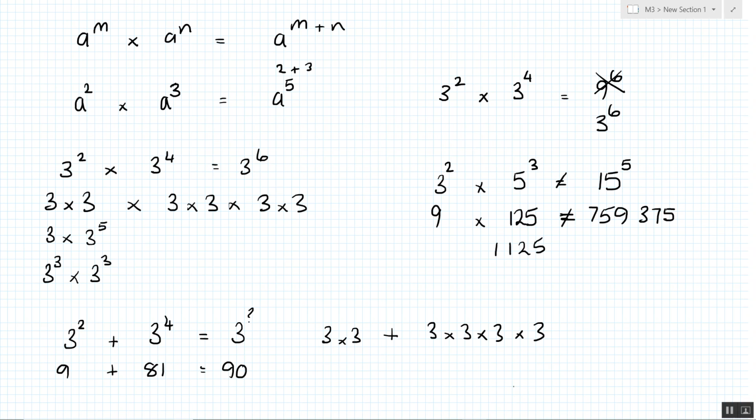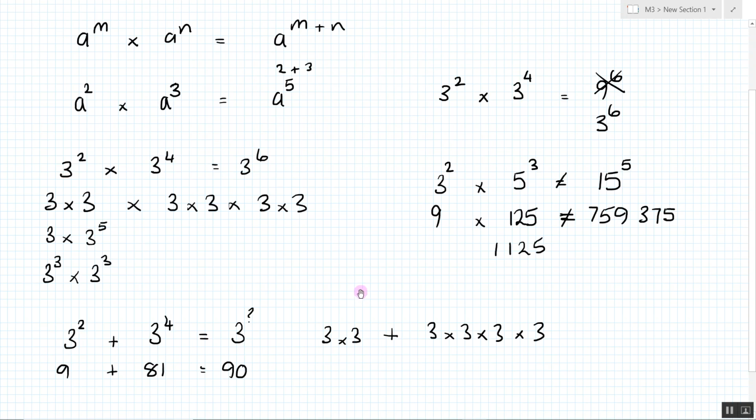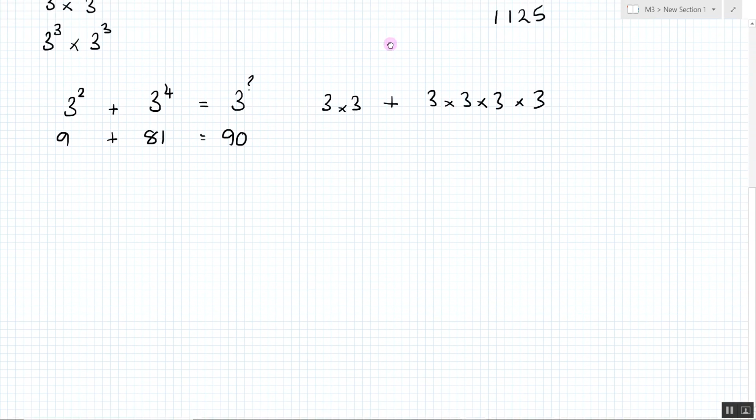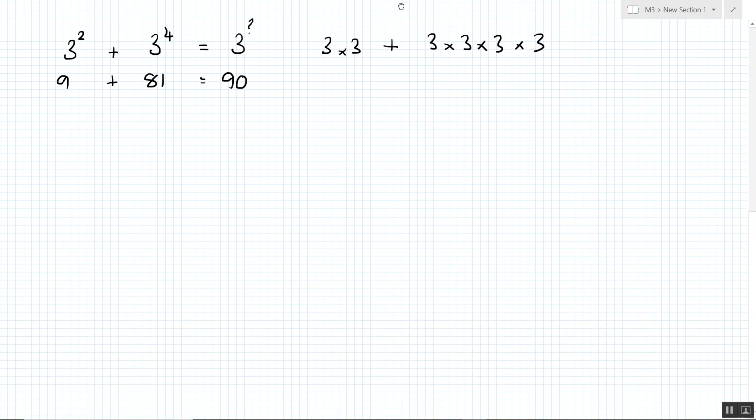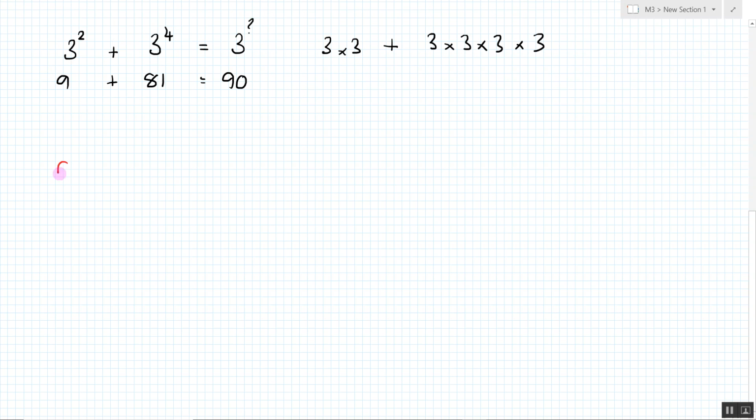Do you see now why we are allowed to do that? Let me ask you to have a think about the division one. The rule that you've also seen, that's in the textbook, is that a to the power of m divided by a to the power of n is?